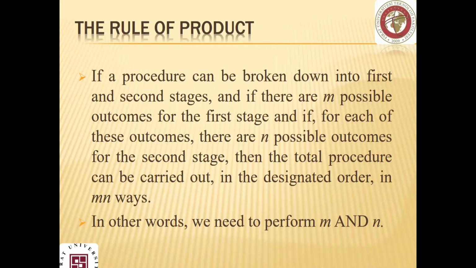So basically we have a task which is actually combined: a first part and a second part, a first stage and a second stage. So the first stage has, let's say, m possibilities, and the second stage has n possibilities. Then the total possible outcomes will be m times n. And that is what we refer to as the rule of product.